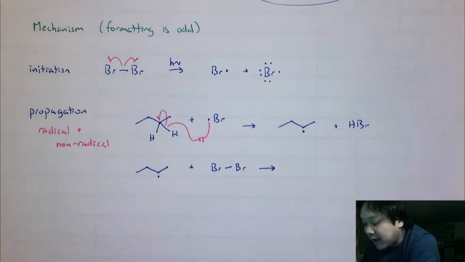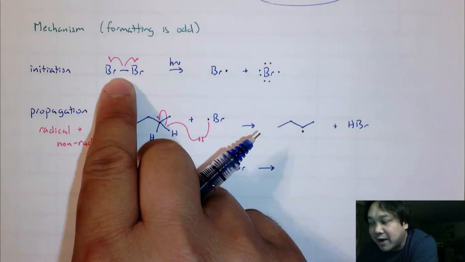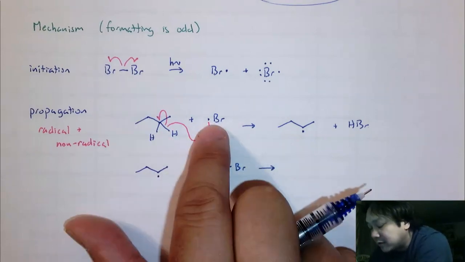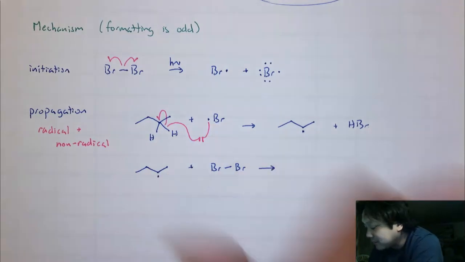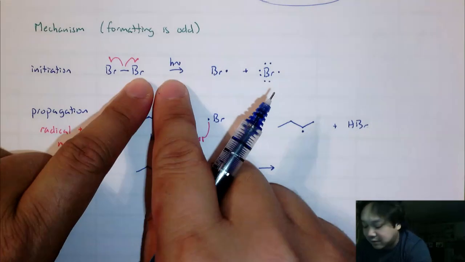So you're not reacting all 100% of the Br2. You might be reacting maybe 1%, because all we need is a little bit of this radical just to get the process going. Okay, so I'm not sure if you want to write that or how we can write that.